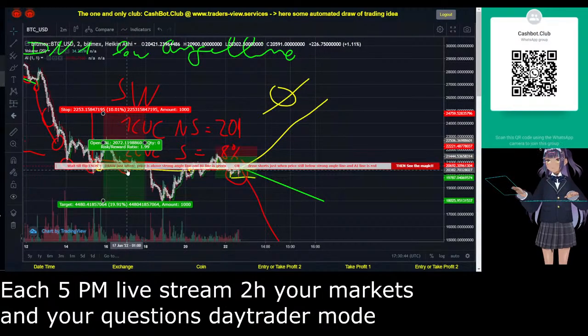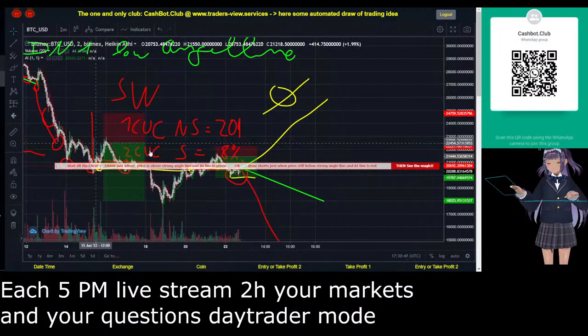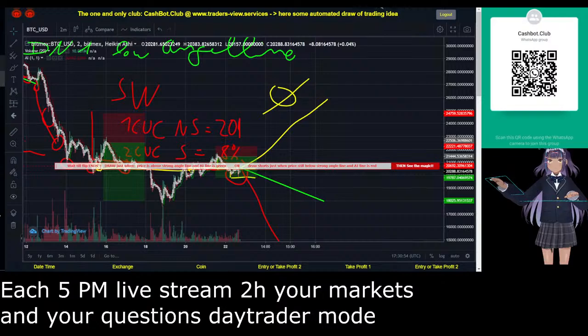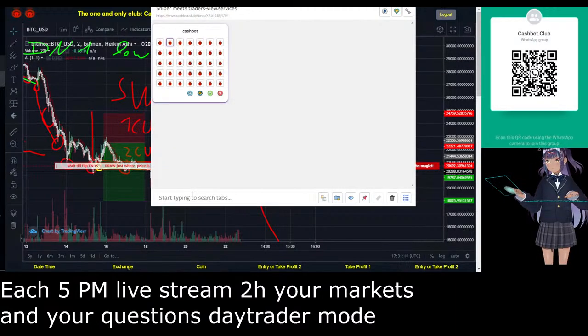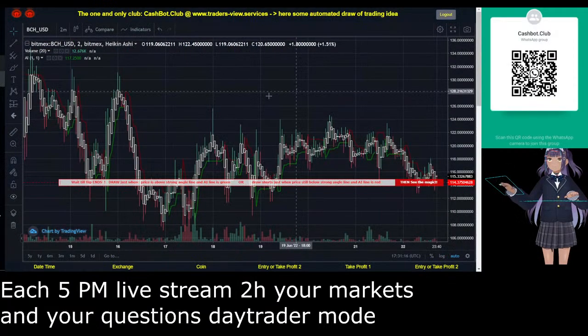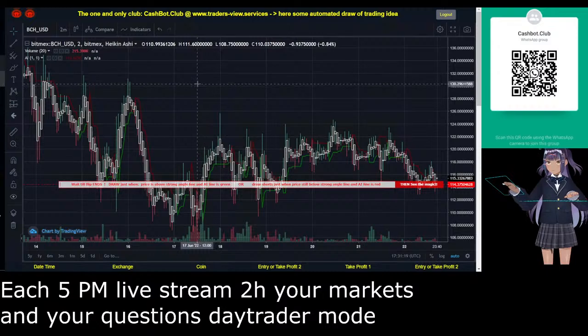So that is 20% in the sideways at BTC. The next point is we compare it with Bitcoin Cash. Remember, 20 and 8% for the CUC inside. We have one non-static and one static one. Now we go to Bitcoin Cash and we compare it just by the price move, which makes more sense.